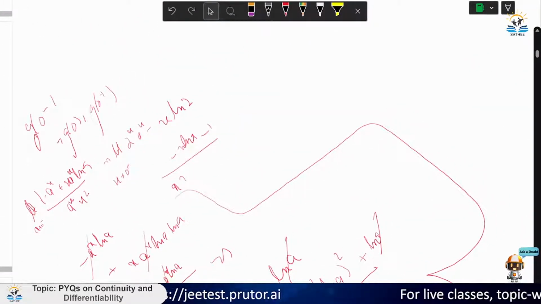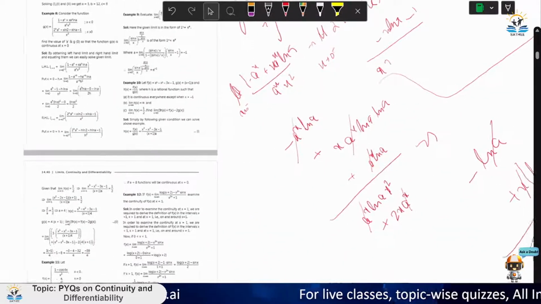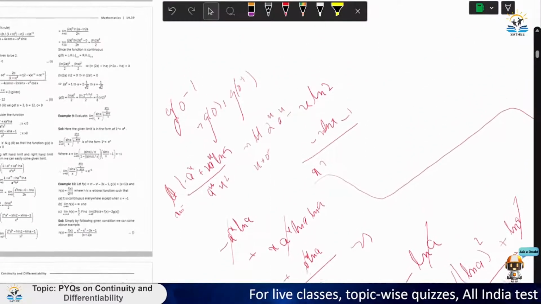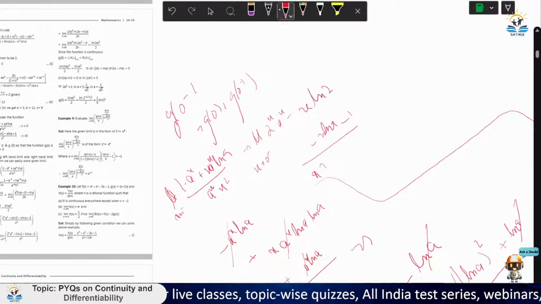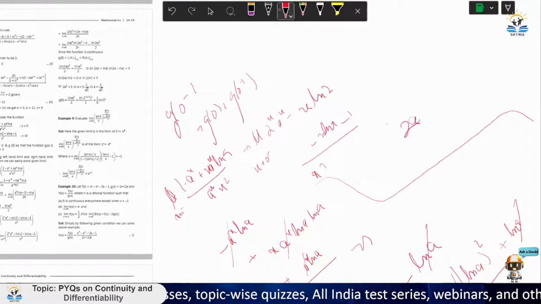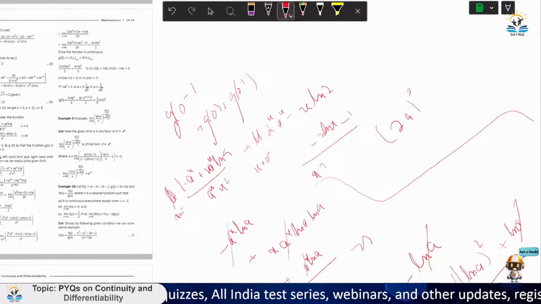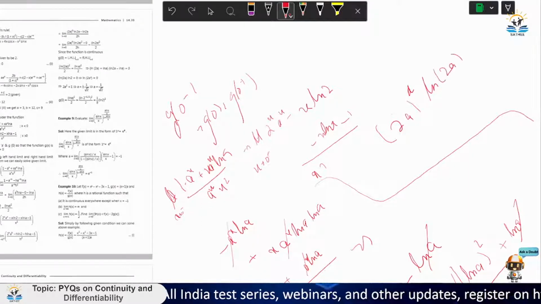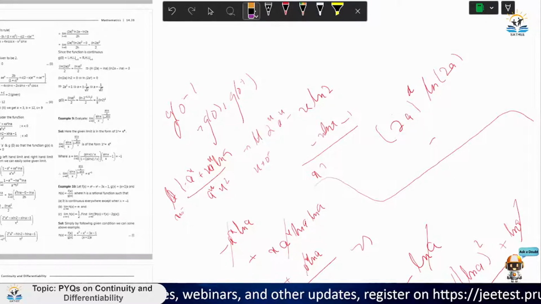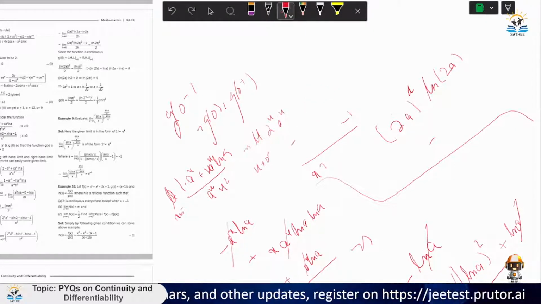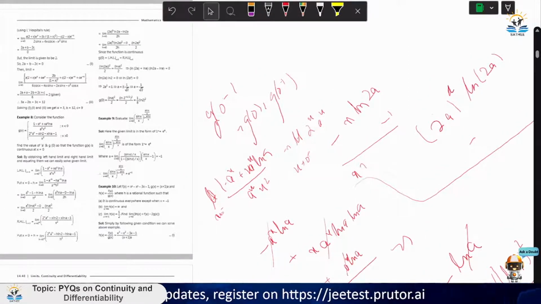The RHS can be written as 2a to the power x, then ln of 2a, then minus x times ln 2a, right? Because we can multiply when the two terms are being added.